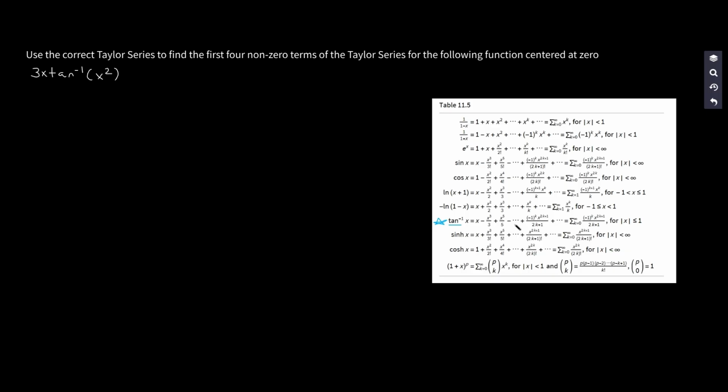So it alternates, and we know this because of the -1 raised to the power of k, and then the x raised to 2k plus 1 in the exponent, and also in the denominator, tells us that we're going to be dealing with odd numbers. We know this because we can see 3 and 5, so we can assume that 7 is going to come next, right? So let's just write this out.